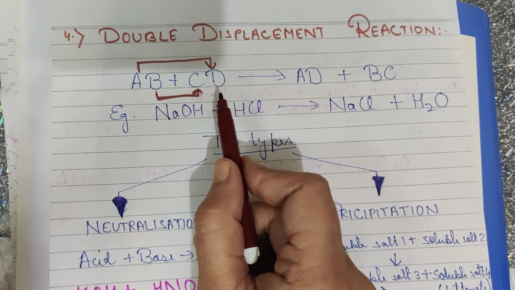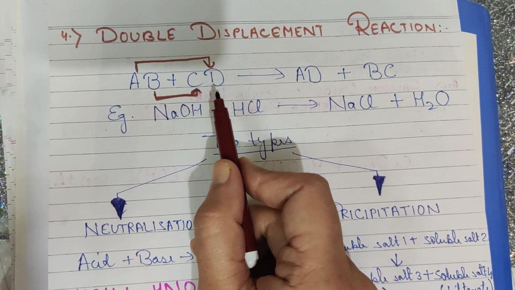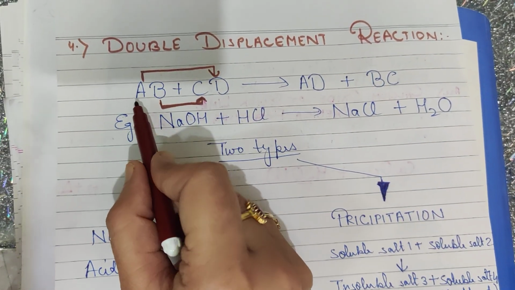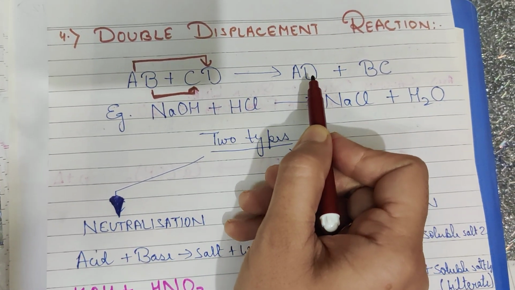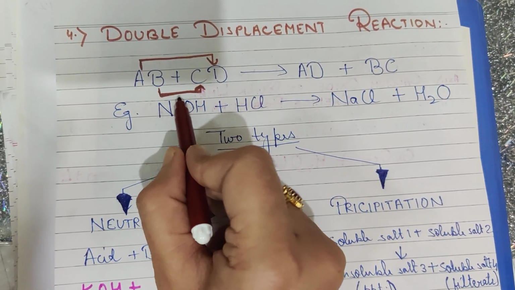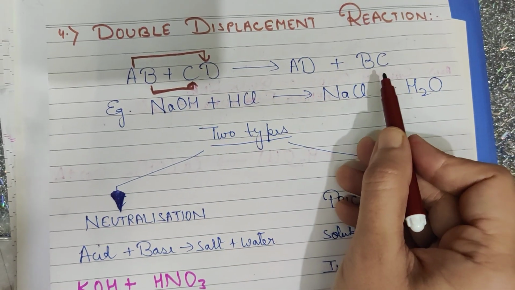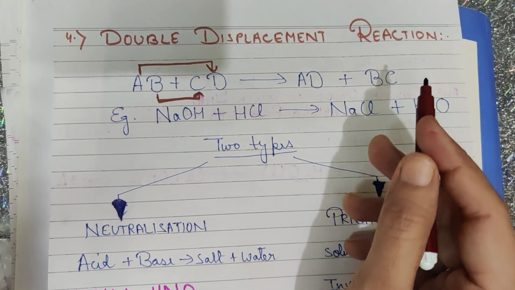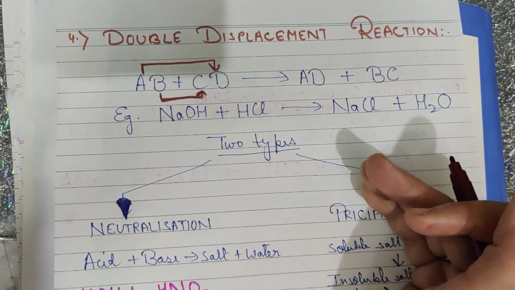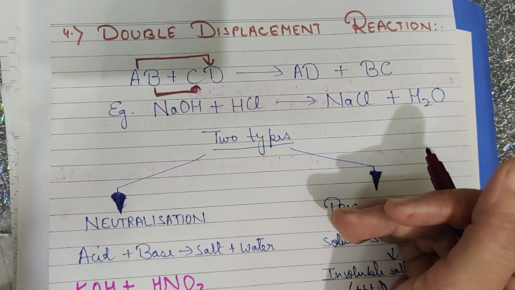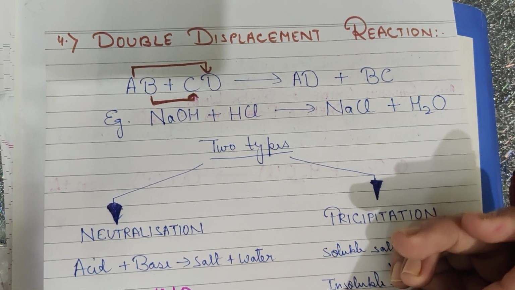I hope you all know what is a cation and what is an anion. So what is happening here? A is combining with D to form a new product AD, and B is combining with C to form a new product BC. So simply you can see here that exchange of the cation and the anionic component has taken place, which has given rise to new products.